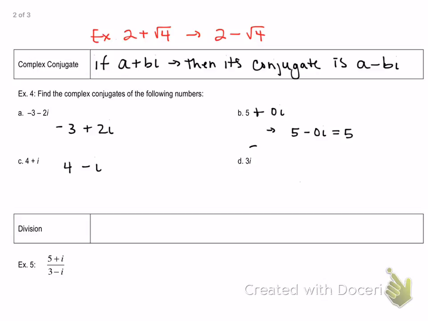Okay, if we do part D, then if I write it in standard form first, it becomes 0 plus 3i, and so the conjugate is 0 minus 3i, which would be equal to negative 3i. Okay, so just be aware of those special cases when either the a or the b value in the complex number is 0.